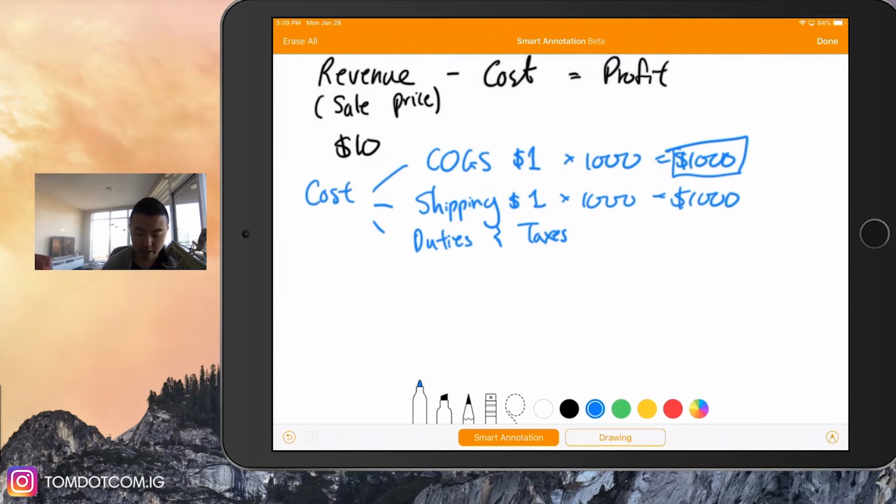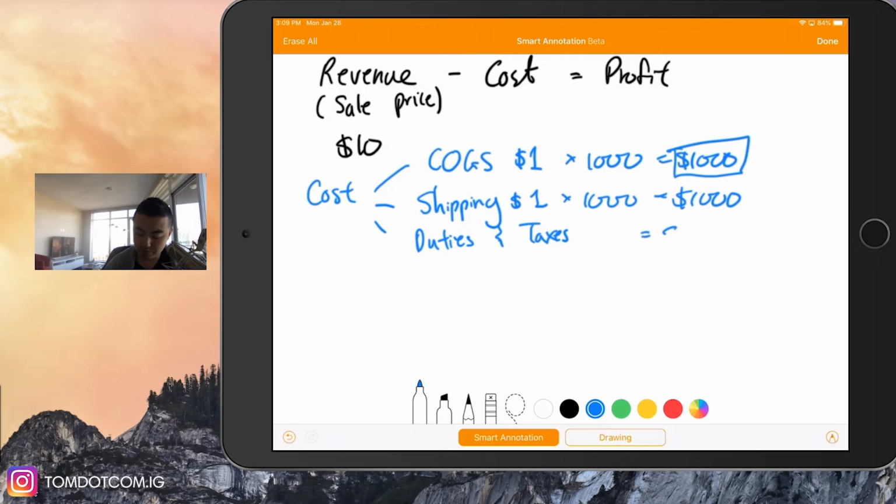So, now obviously it varies between product and product, you need to find this number out before you even get into a product. And you can find that number out by contacting a freight forwarder. So if your duties and taxes, let's say it's 10%, just as an example, well, if we order 1,000 units and it's $1,000, 10% of $1,000 is what? It's $100, right? So $100.